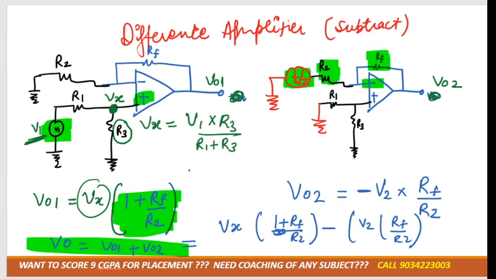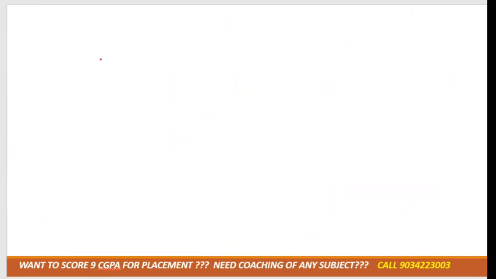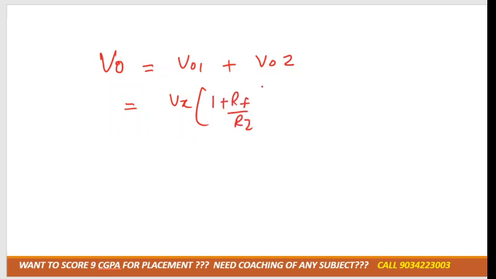Can we put down all the values over here? The final conclusion: V0 would be V01 plus V02. V01 is Vx into 1 plus Rf by R2. V02 is minus V2 Rf over R2.